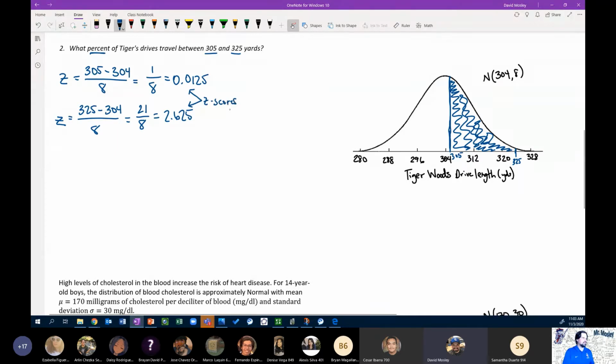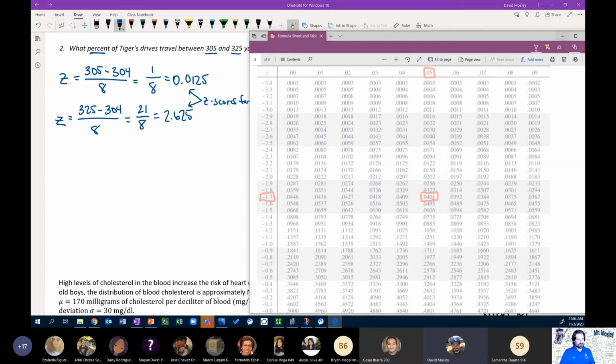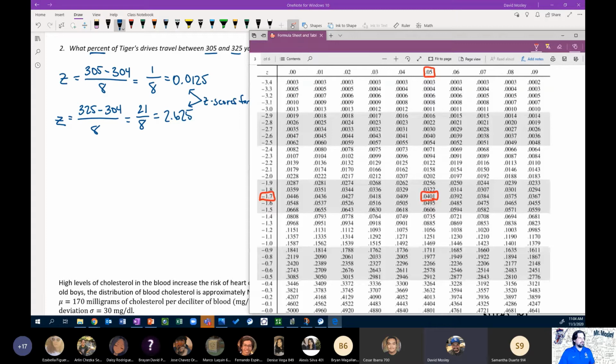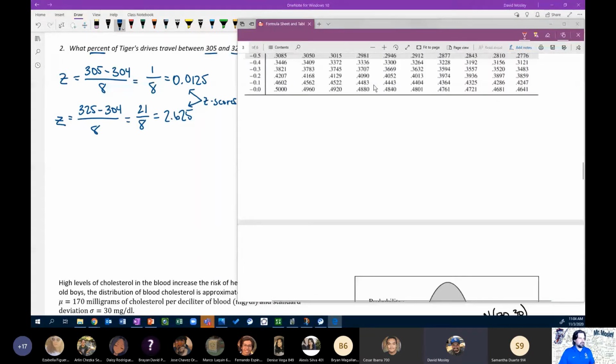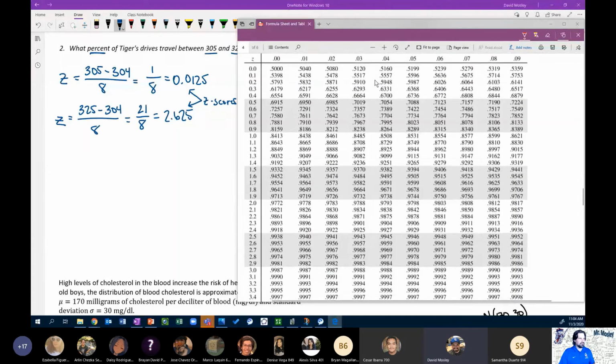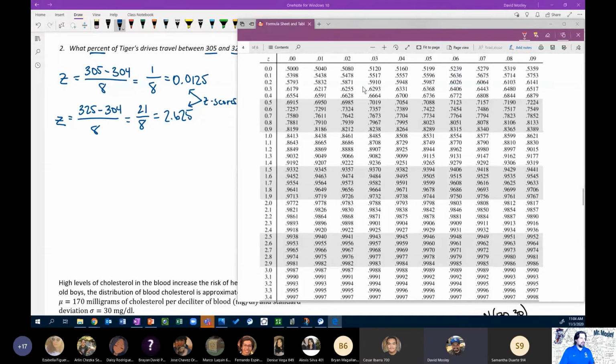For table A. Okay. Now, the issue with these z-scores is that, oops, on table A, I can only go up to essentially 2 decimal places.